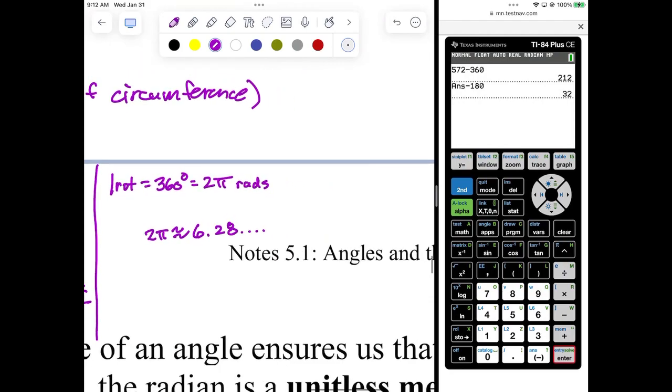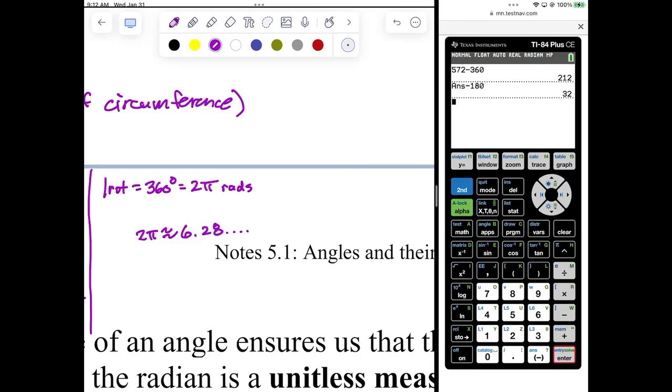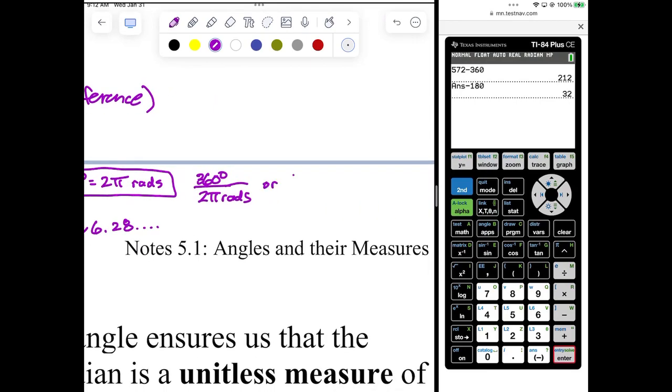Okay? We now have this conversion factor. If 360 degrees equals 2 pi radians, we can now say 360 degrees over 2 pi rads is a conversion factor, or the other way around, 2 pi rads is 360 degrees. How many degrees in a full rotation? 360.